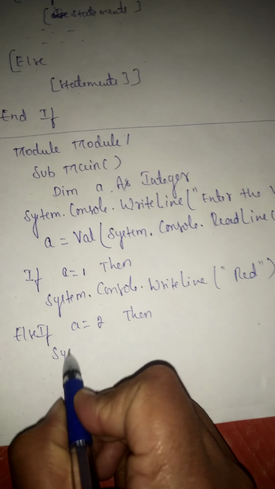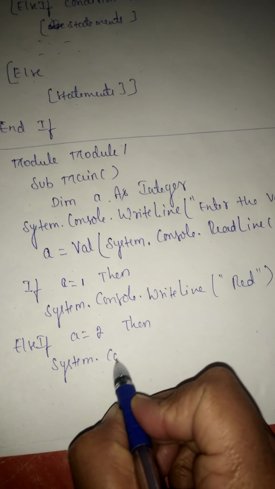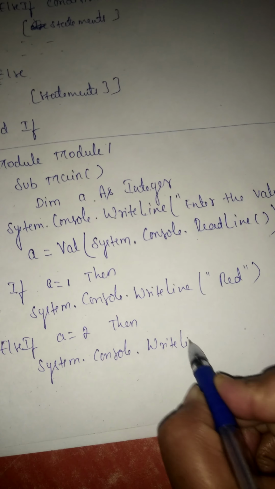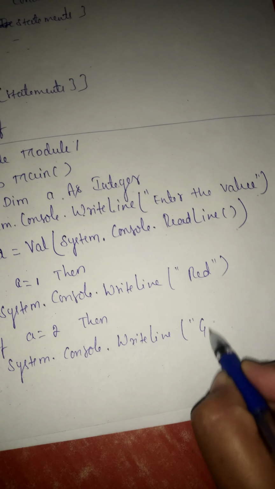then I am going to print it as, that is, System.Console.WriteLine, green.